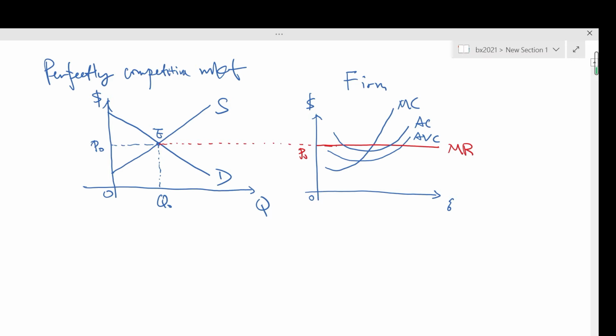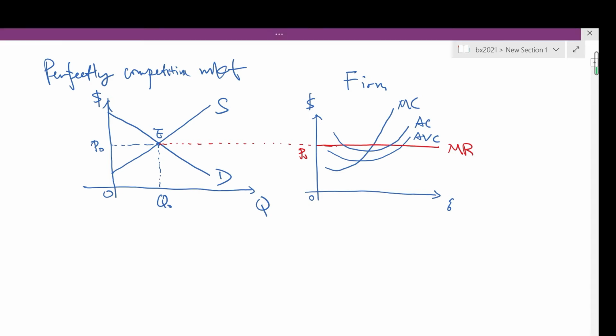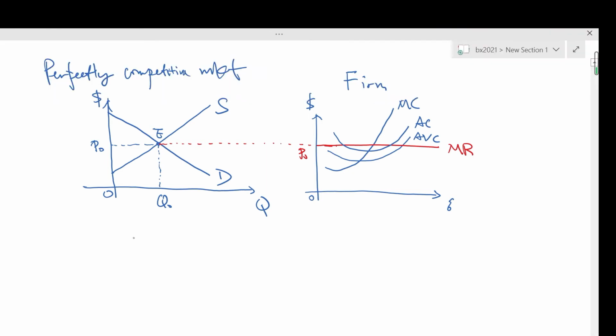So if I sell one more unit of output, I get extra P0 revenue. So that's marginal revenue. So we call this the market diagram, and this is the firm diagram.